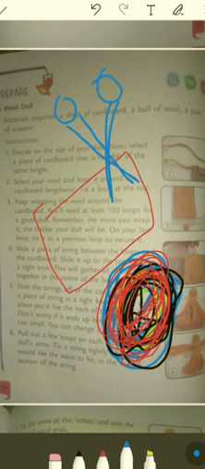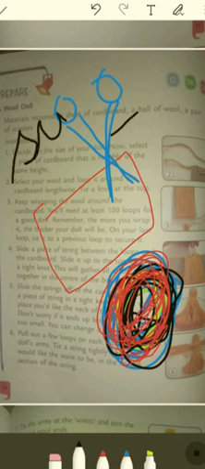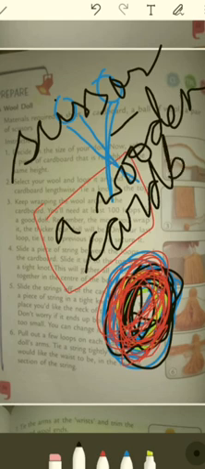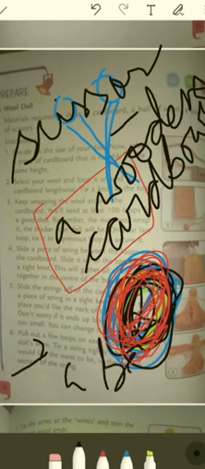So, like I've said, the things required are scissors, wooden cardboard, and a ball of wool, right?